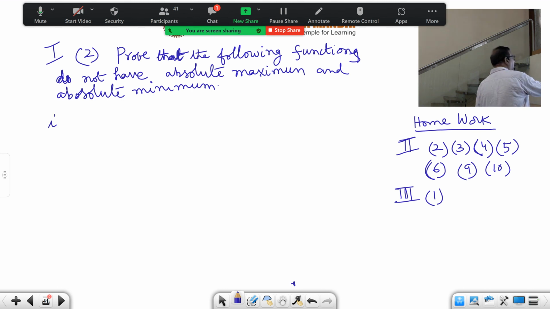So number 1, e power x in R. The function is e power x and domain is R.